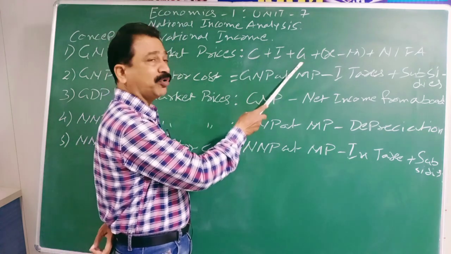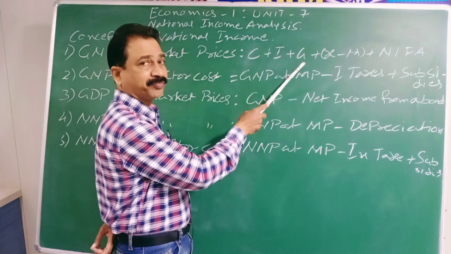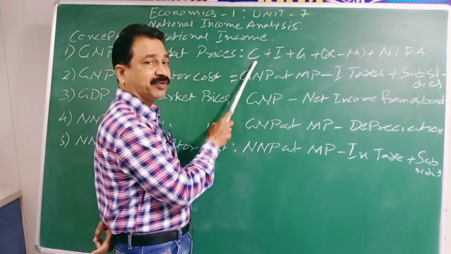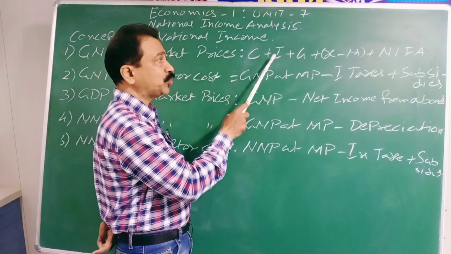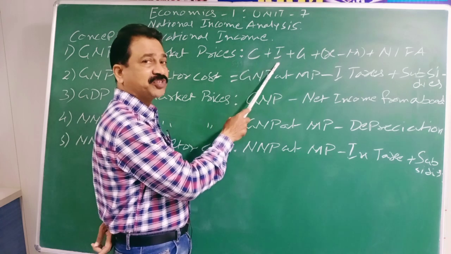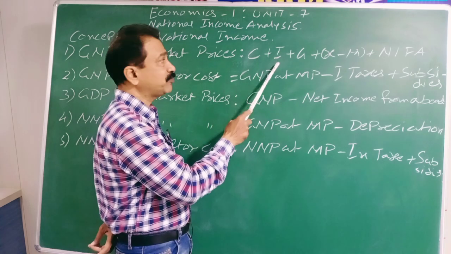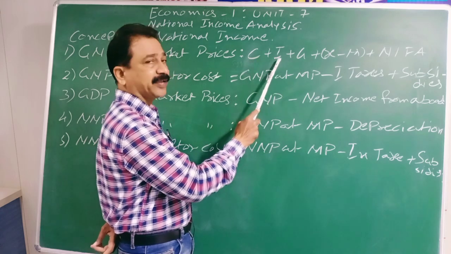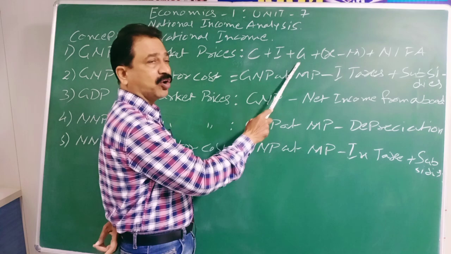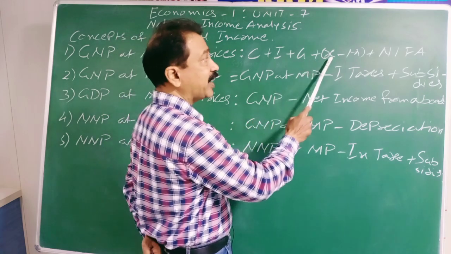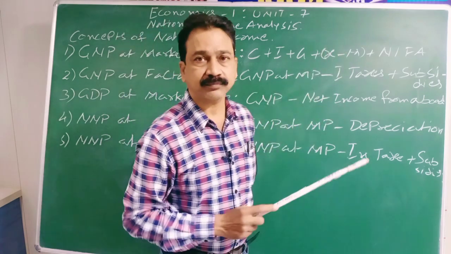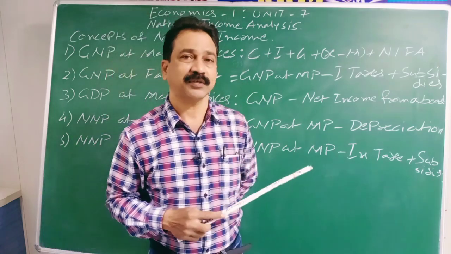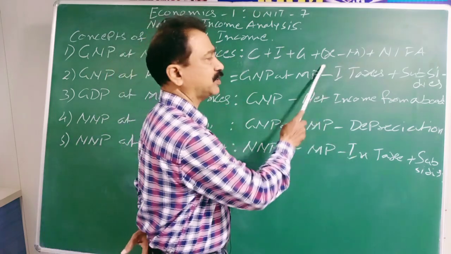The total amount spent by government, the total money spent by the public for consumption, and the total money invested by the public, we put together: C consumption plus I investment plus G government expenditure plus X minus M, exports minus imports. This has to be considered.